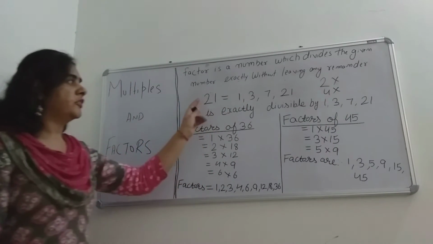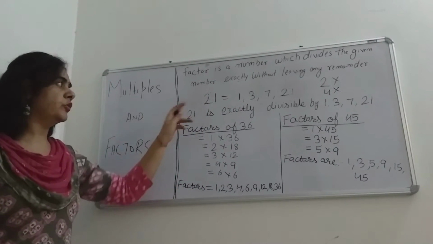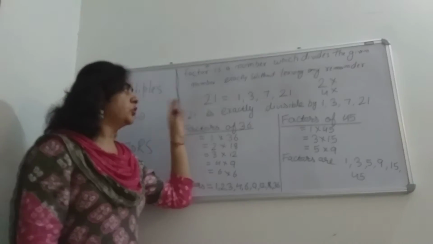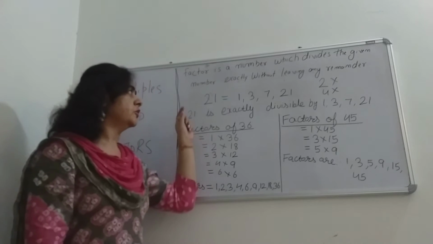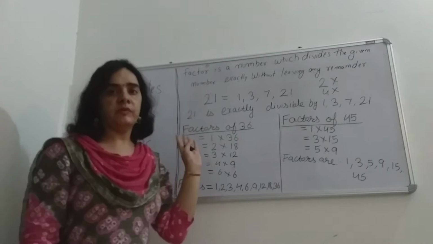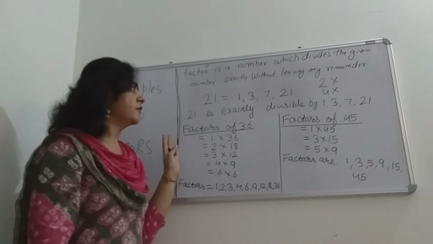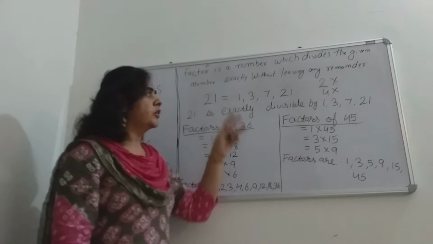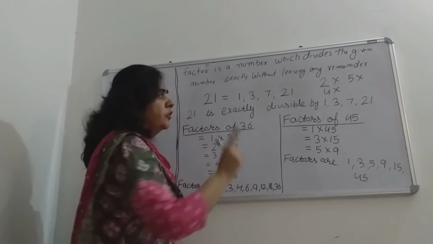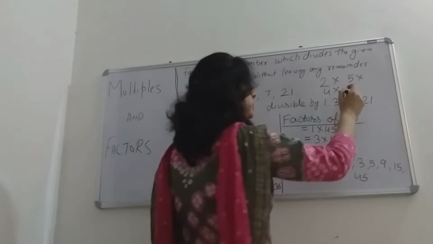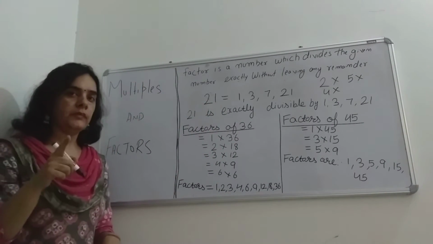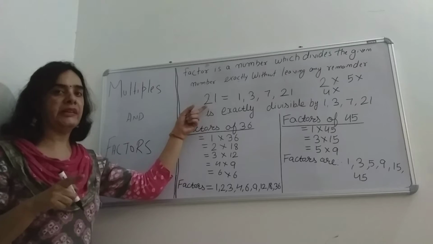And if you try with 5, if you divide 21 by 5, you will see that 5 is also not a factor of 21, because it is not completely divisible. So 5 is also not a factor of 21. If you try 6, if you divide 21 by 6, it is also not completely divisible.